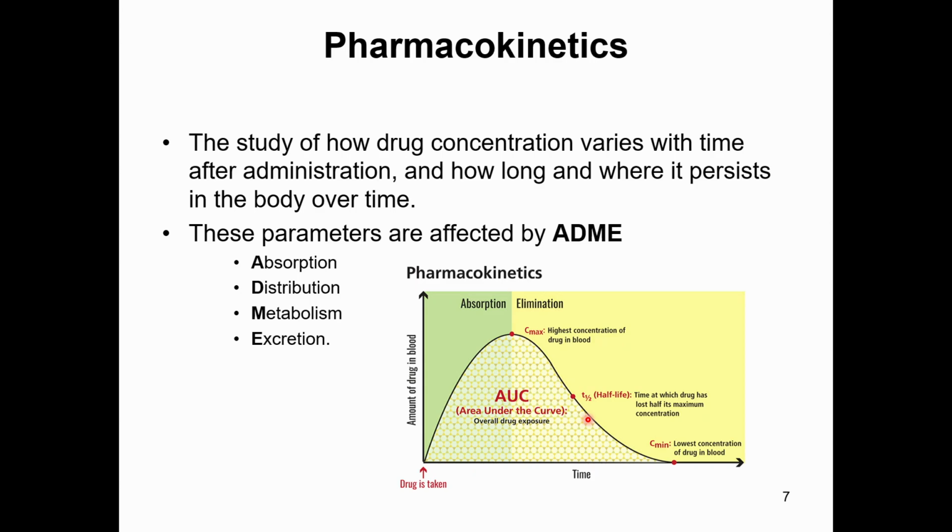The drug is not present before it's administered, but soon after administration it starts to accumulate in the blood and build up, and then it declines. The first part of this curve is mostly driven by absorption, and the last half of the curve is due to elimination.